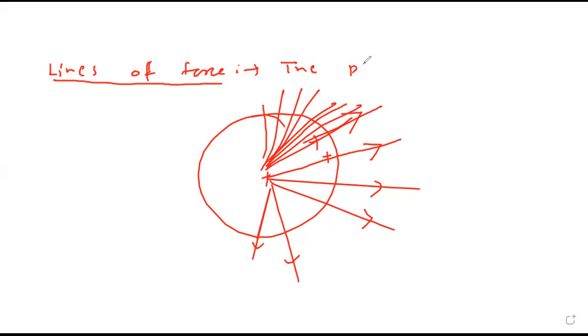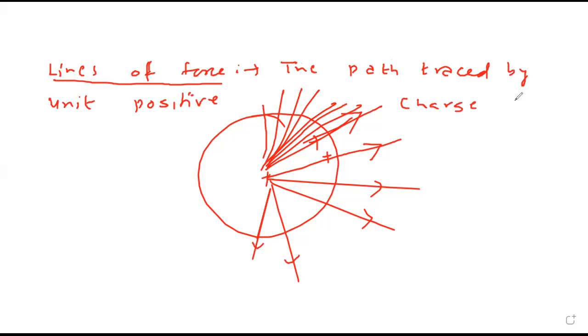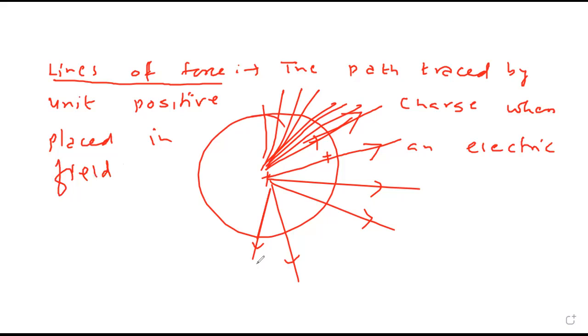So we say the path traced by unit positive charge when placed in an electric field is called as lines of force.